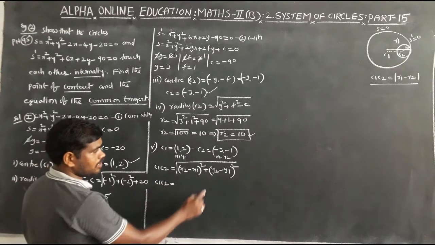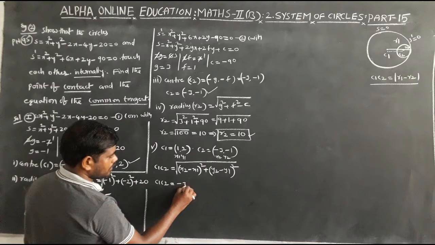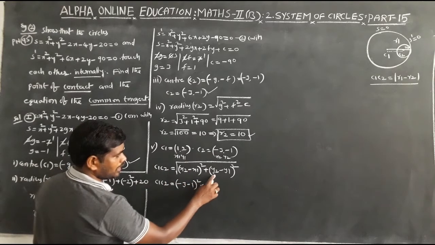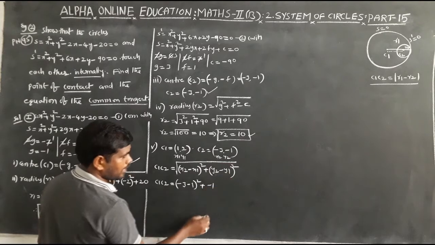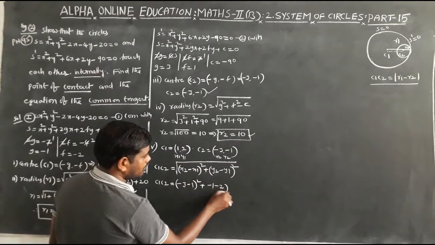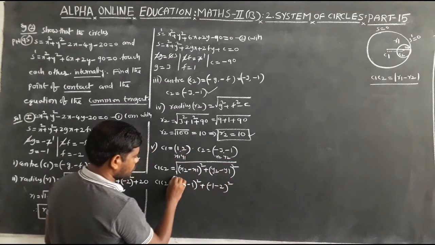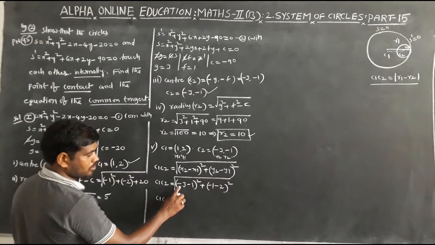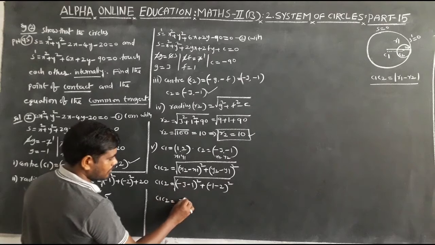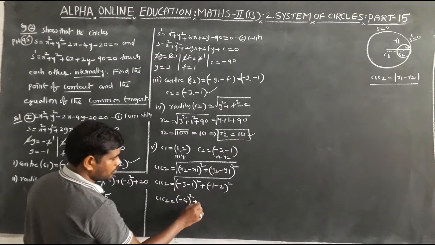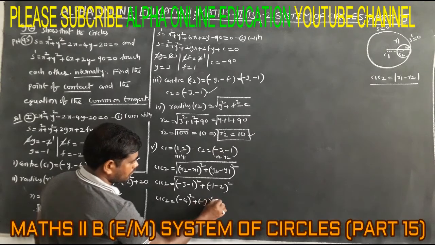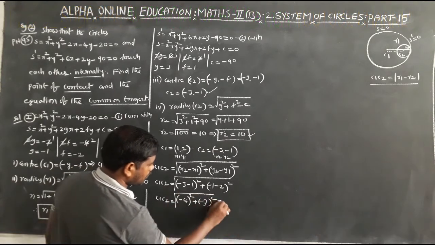C1C2 is equal to the square root of (x2 minus x1) whole squared plus (y2 minus y1) whole squared, which is (minus 3 minus 1) whole squared plus (minus 1 minus 2) whole squared.